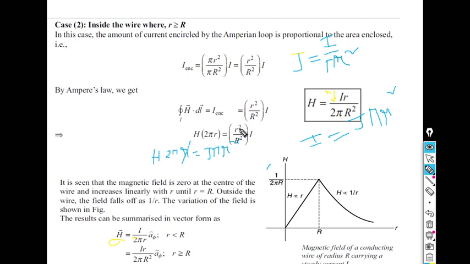So we can write J r by 2, that is equal to H. Right? Now what is J? That you can put here again, I by pi r square. So you will get I by 2 pi r square.